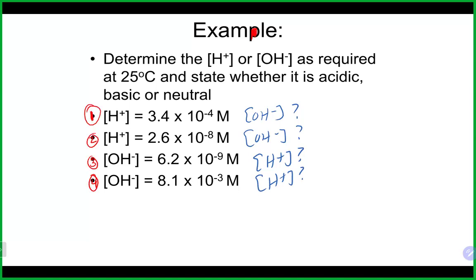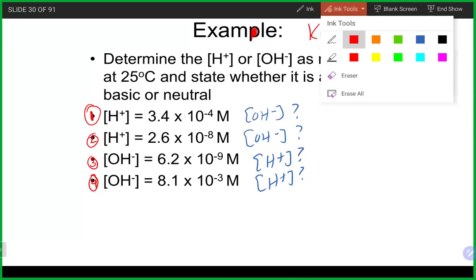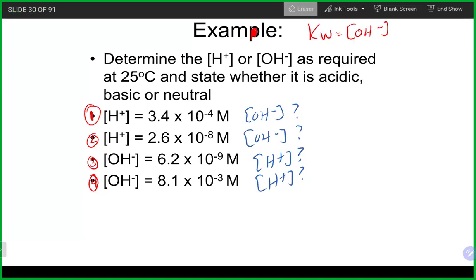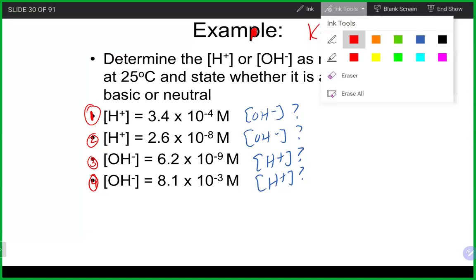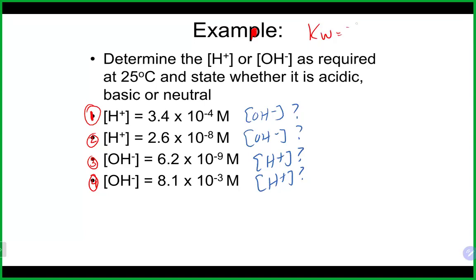Okay, let's take a look, see how you're doing. So in this case, we do want to use our KW relationship. H plus times OH minus equals 1 times 10 to the minus 14. Once again, the good news on this is it's really the same calculation regardless of which one you're given.